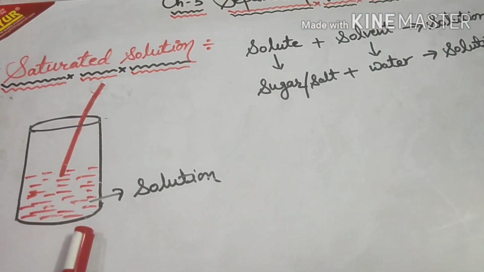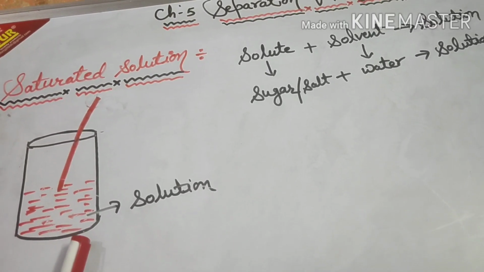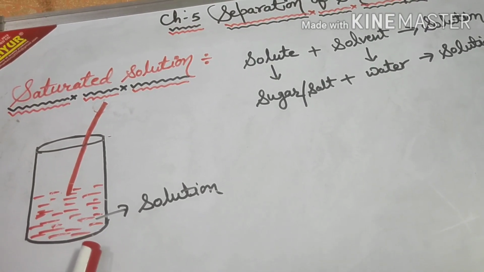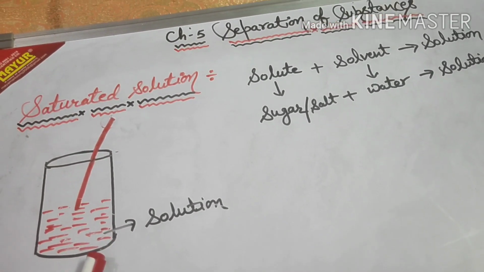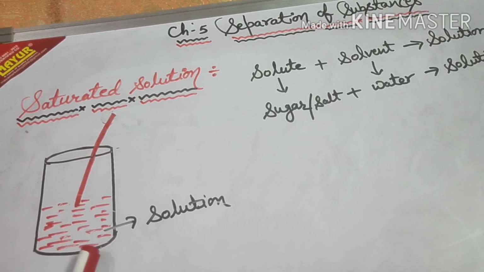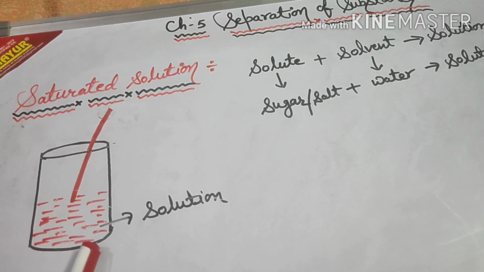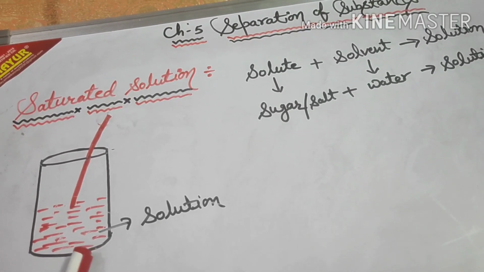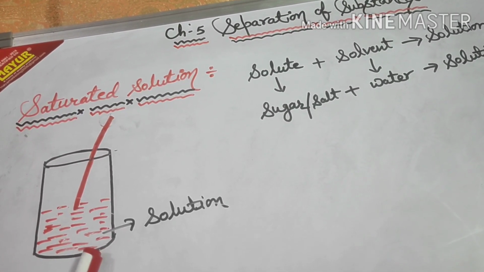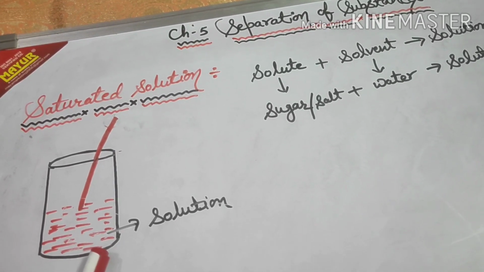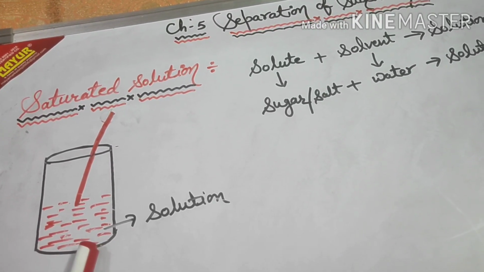Now let's say I again add 4 teaspoons of salt and stir it. It also dissolves, and again if I add 5 more spoons of salt, do you think if I am adding more and more salt, it will still dissolve in water?